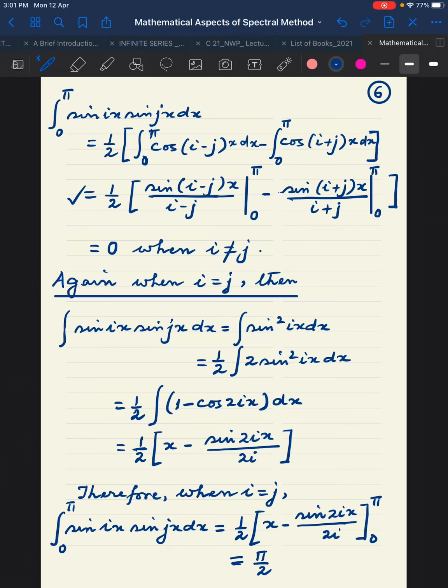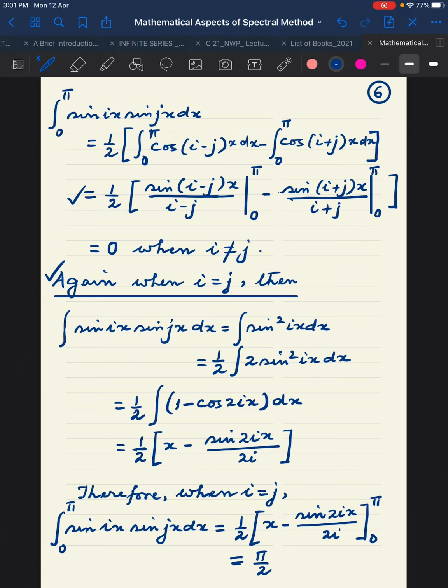Now let us consider the case when i is equal to j. In that case, we see that I have first calculated the general form. I didn't take the domain. In the last step, I'll put the domain values. Okay. So you see sin ix sin jx dx equal to, we all know I can write it as sin square ix dx because i is equal to j.